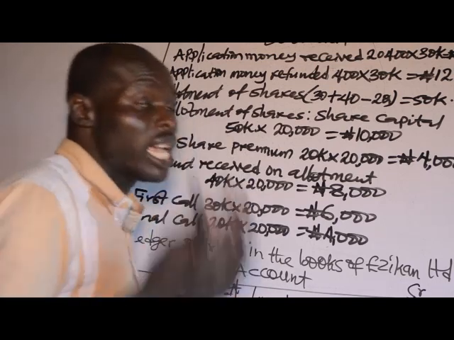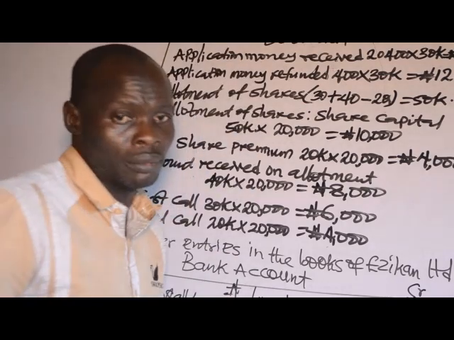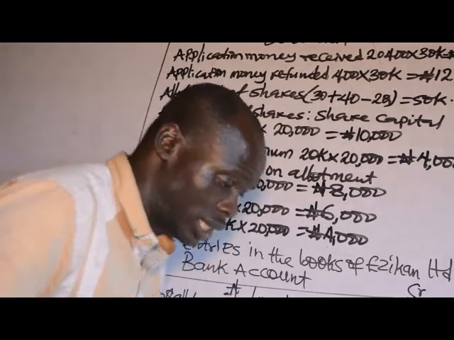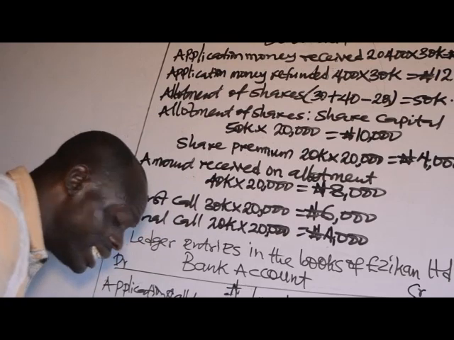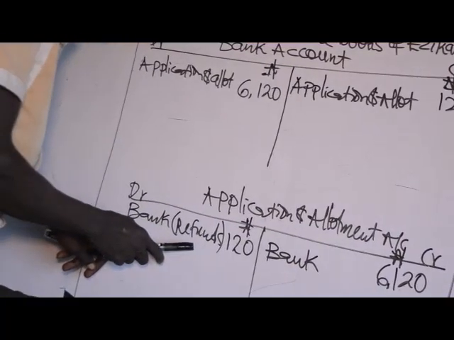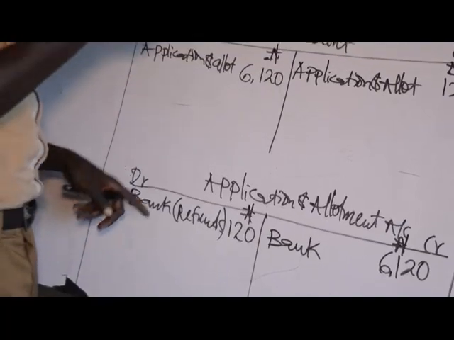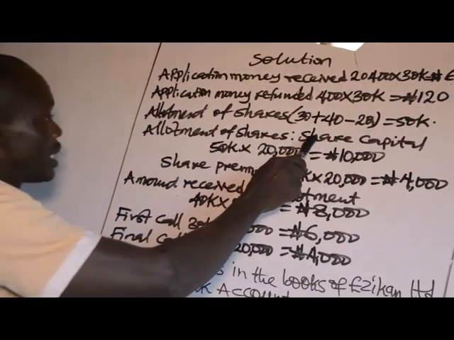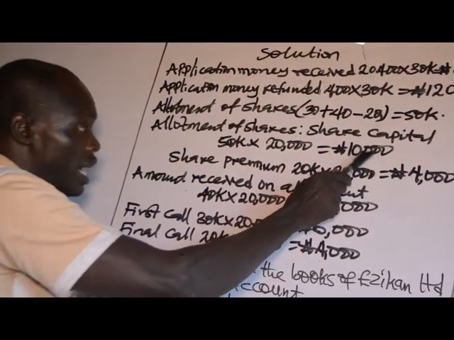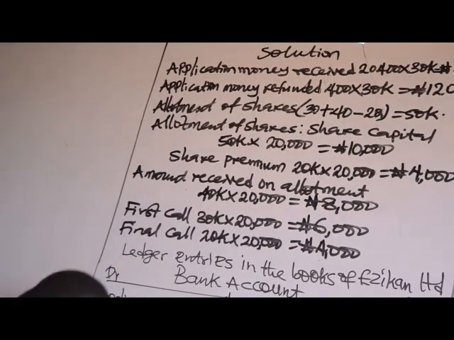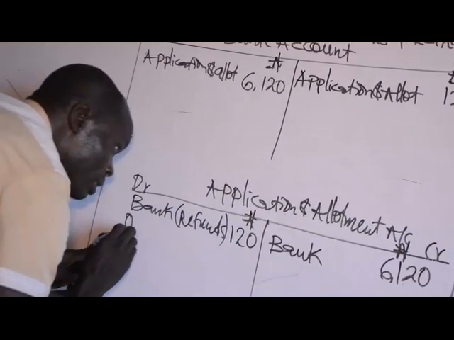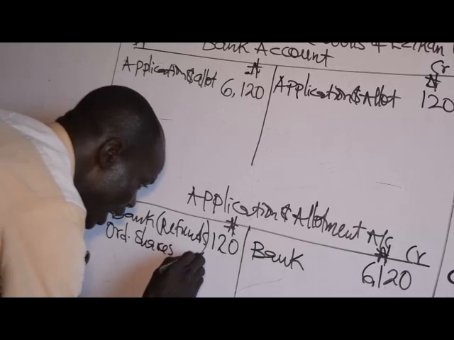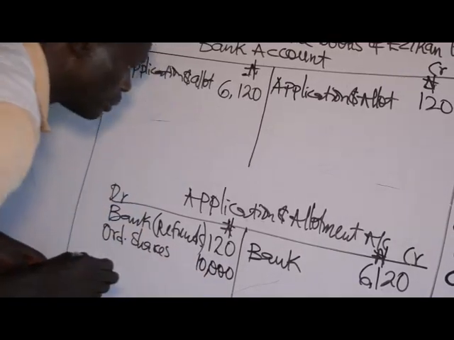Upon the allotment of shares, you are going to debit the application and allotment account, and you credit the ordinary shares account. The amount that will be credited to share capital is 10,000 naira. You can call it share capital or ordinary shares.